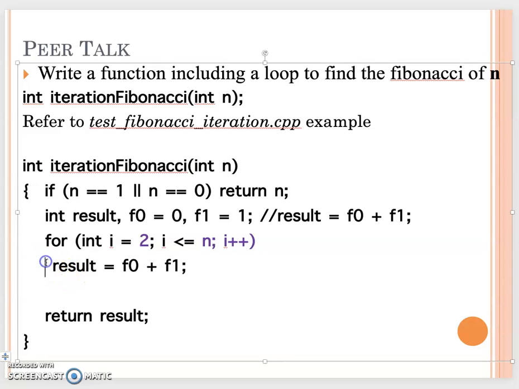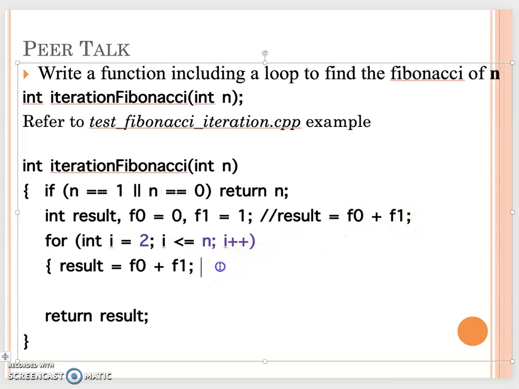However, we didn't finish yet, because result equals F0 plus F1 is only for i equal to 2. If I continue with i plus plus, i becomes 3, and I need to do this again, but I need to update my F0 and F1. Earlier, F0 and F1 were the previous two numbers for 2, but now that i becomes 3, the previous two numbers will be F2 plus F1.